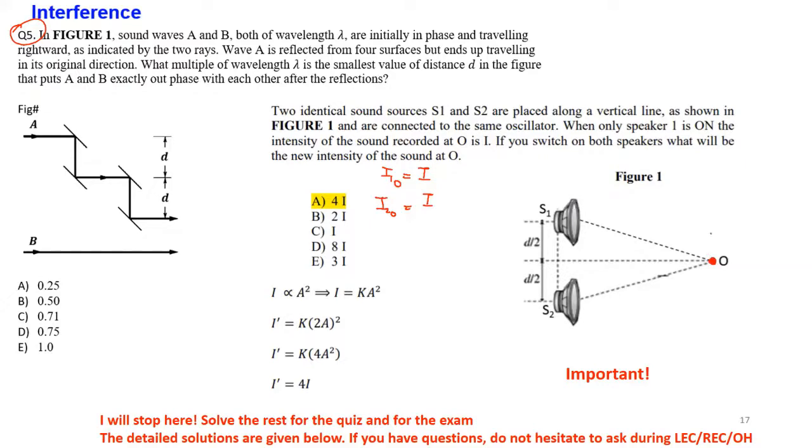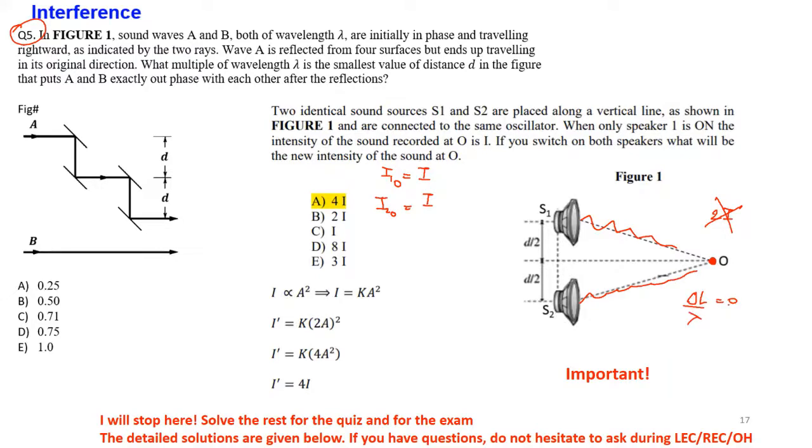Some of you will say 2I, basically I1 plus I2. No, because they will constructively interfere. The sound wave that is emitted here will constructively interfere with the other sound wave. Why? Because delta L is 0.